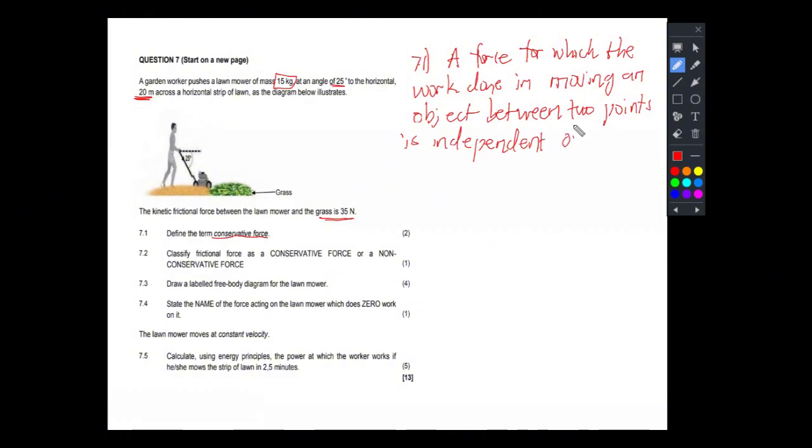That's basically how we define a conservative force. So note that with a conservative force, it is independent of the path taken, but with a non-conservative force, it depends on the path taken.